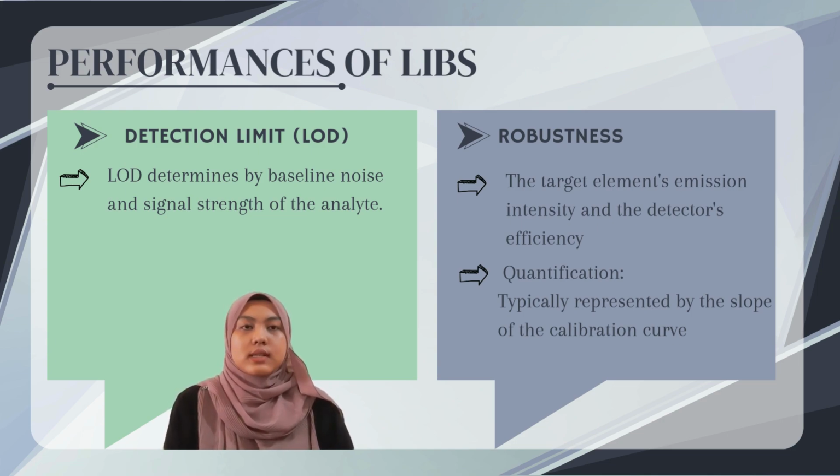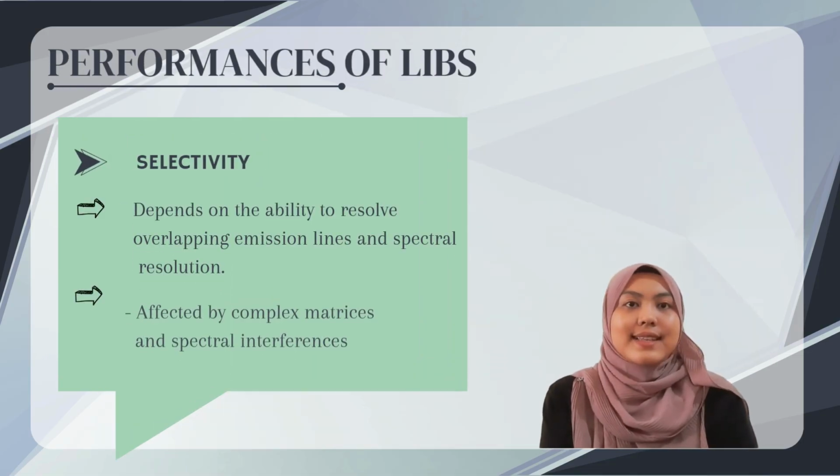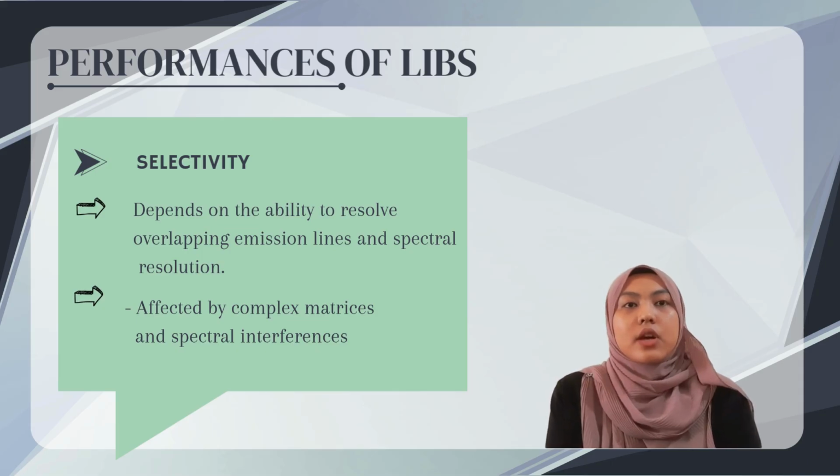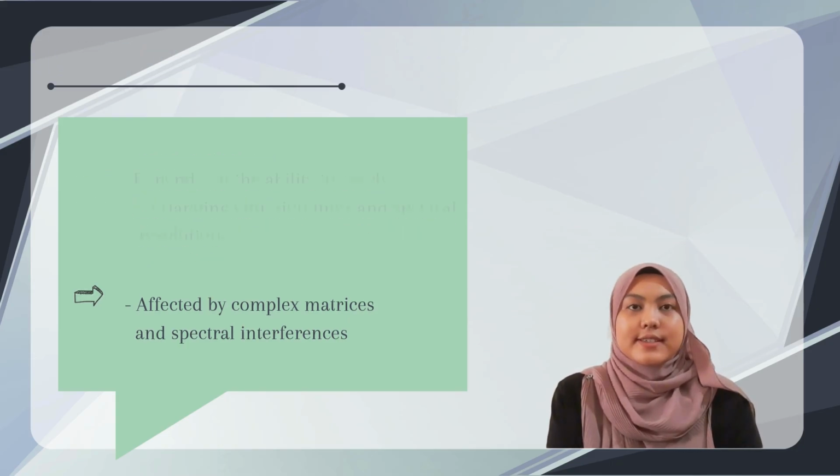Also, robustness in LIBS is impacted by modification to the surrounding factors, specific parameters, or sample composition. Lastly, selectivity. It depends on the ability to resolve overlapping emission lines and spectral resolution, and is affected by complex matrices and spectral interference.